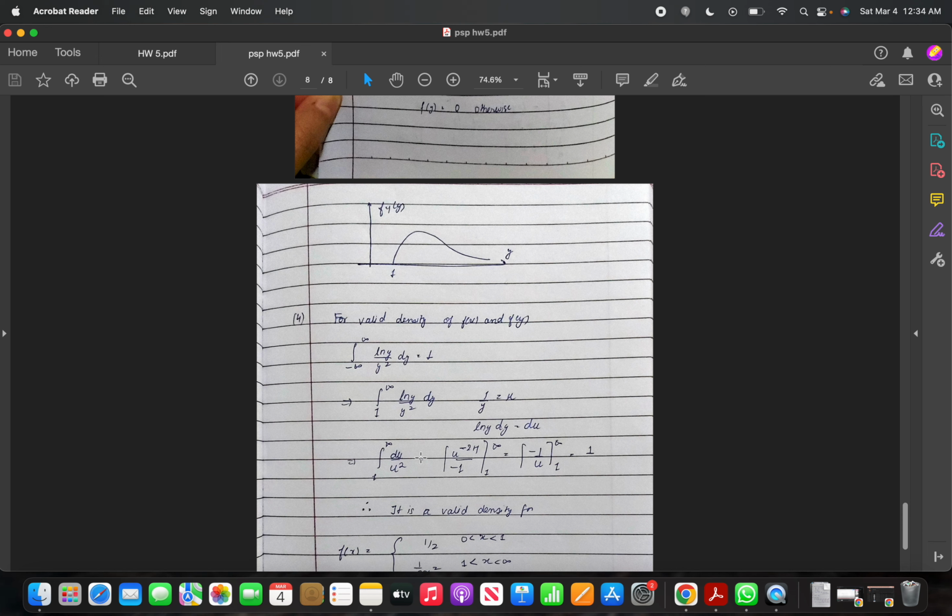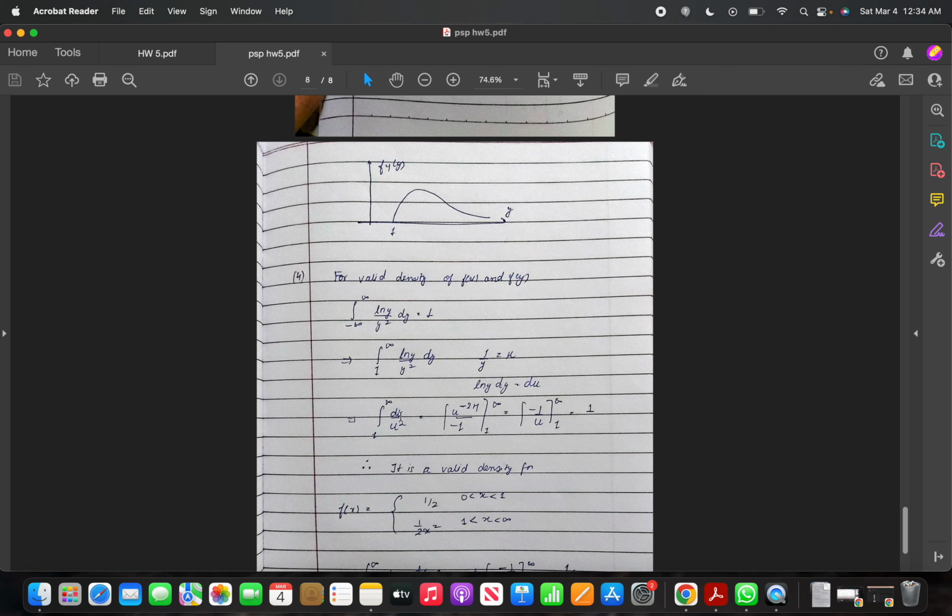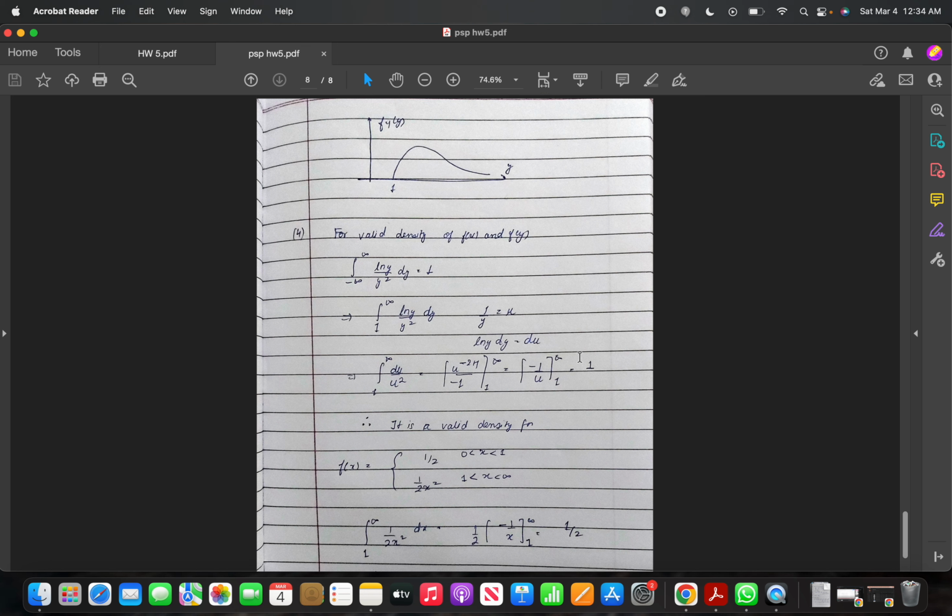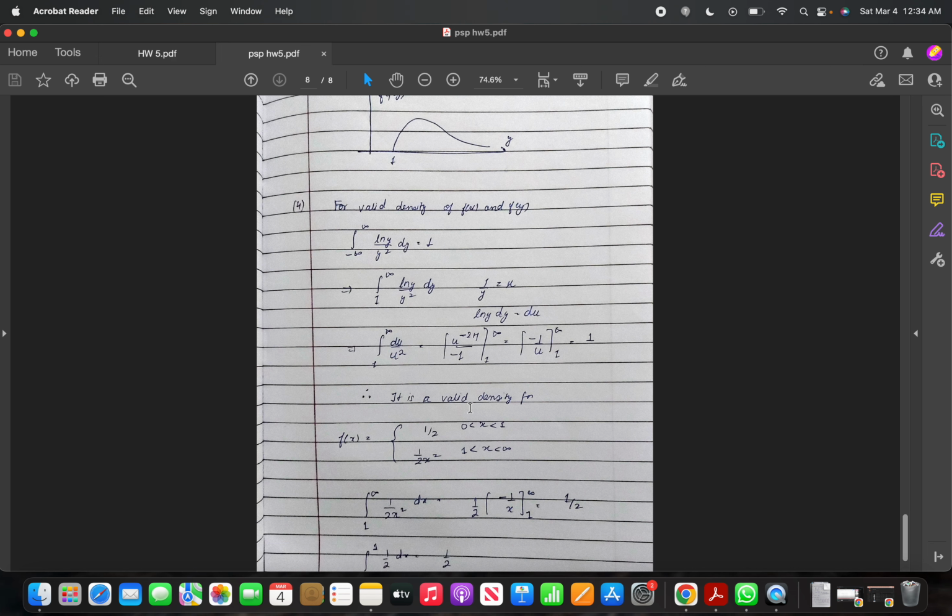This is just so that we can easily calculate the integral. So now this can be represented by du upon u square, and this is the integral that we can calculate using the formula. So the integral will be u to the power of minus 2 plus 1 upon minus 1 from 1 to infinity, and that will be 1. So since it sums up to 1, we can say that f of y is a valid density function.